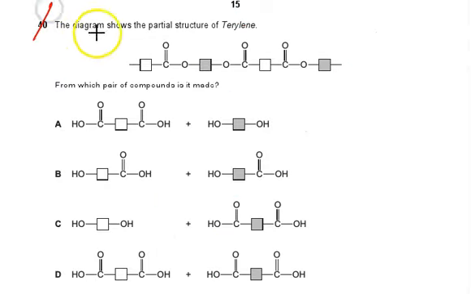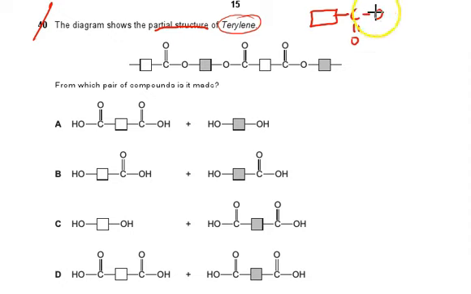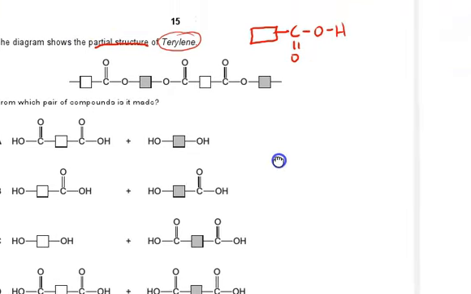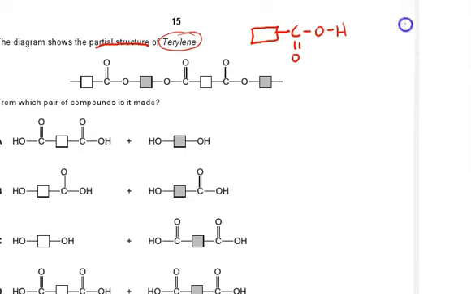Okay, number 40, the diagram shows a partial structure of a polyamide. So if you notice here, most of the things here, you will have a carboxylic acid group. The other one you will have, let me just make it a side here, is an amine group.